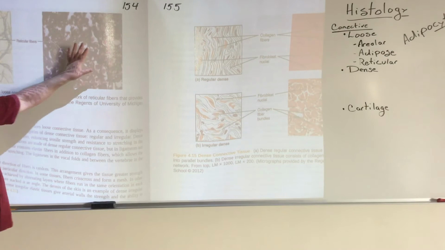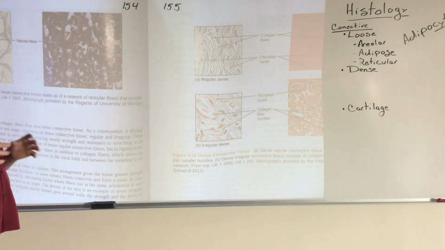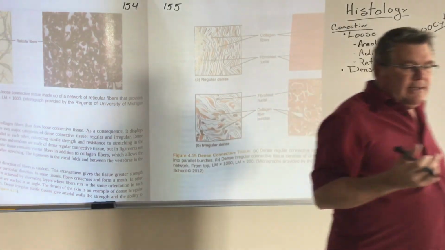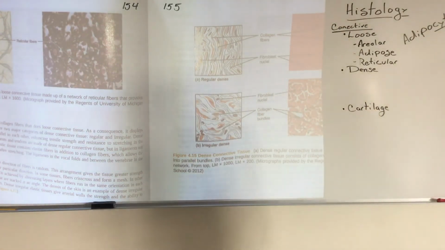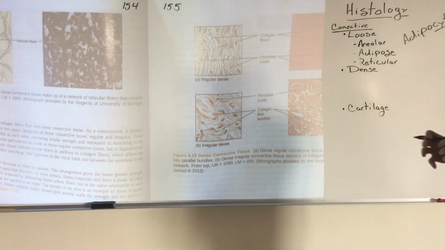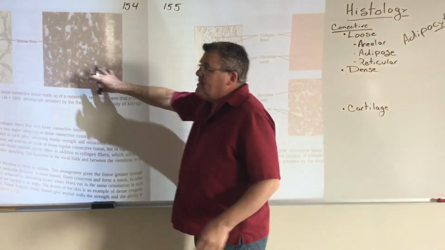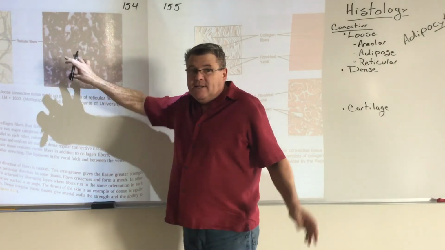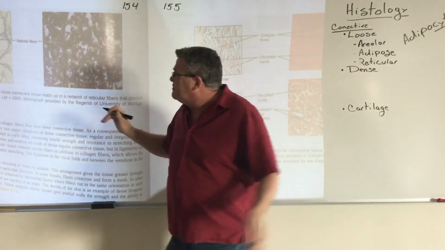Now what I want you to focus on is the reticular fibers. Remember that chicken wire mesh that you'll find in things like the spleen or the lymph nodes of the lymphatic system. And if you look, this doesn't look like adipose. And it really doesn't look like areolar.